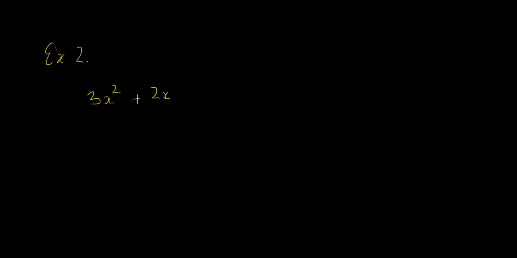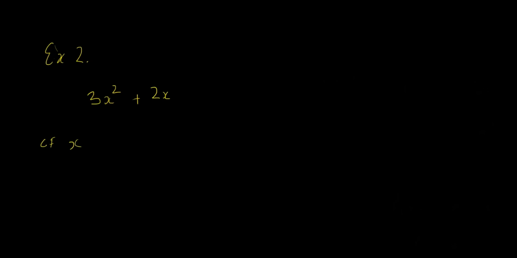So what's common, ladies and gentlemen, in this expression across these two items? I've got 3 and I've got 2. I've also got an x squared there and an x there. X, good. So the common factor here is x.